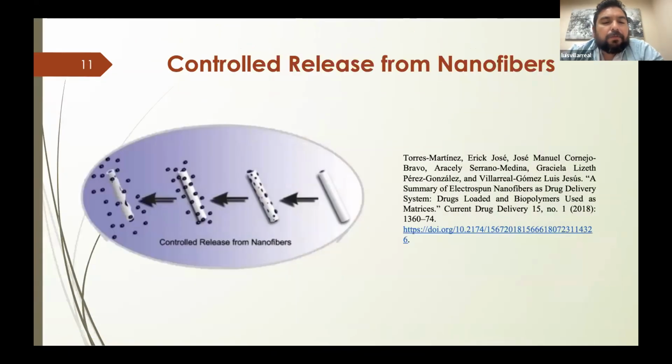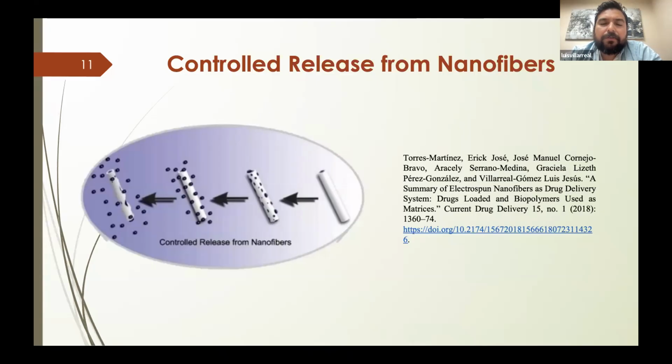The idea to load pharmaceutical drugs at the surface of the fibers or at the inner side of the fibers is to control the release time of the drug by the degradation time of the polymeric fibers.